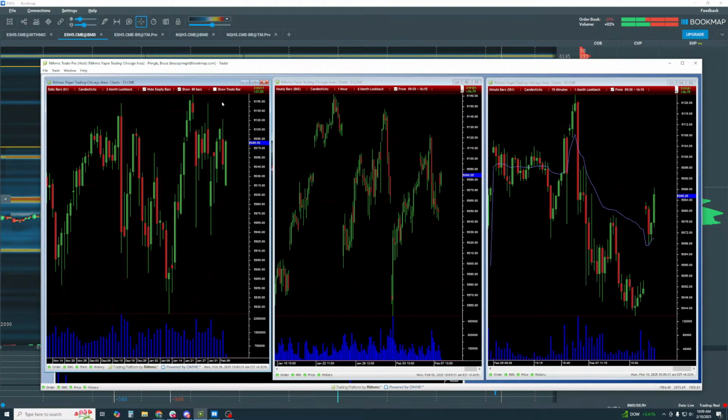So the hourly shows it the best, in my opinion. You can see these gap ups and then gap down, and it's mostly gap downs. Well, a few in here, but some big ones.